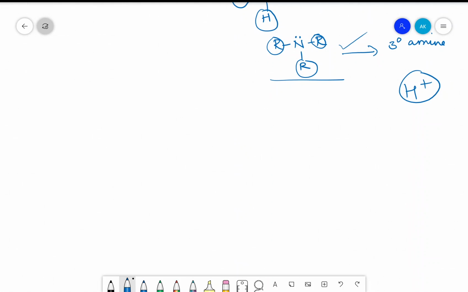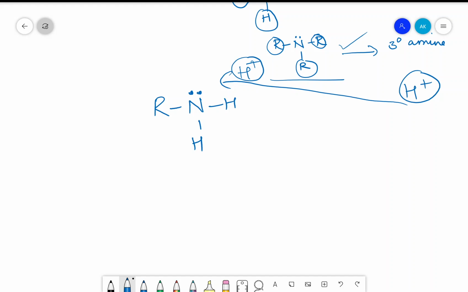So if I am going to discuss amines, I'm just writing here RNH2, a primary amine, with the lone pair on the nitrogen. And as I said, a base can be termed a good base if it has the tendency to accept a proton.